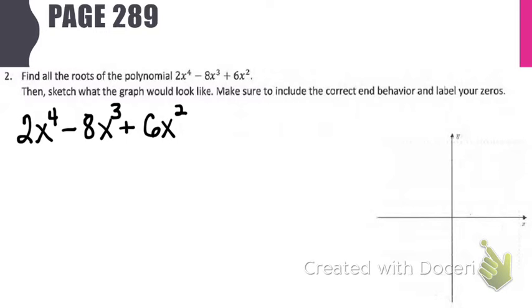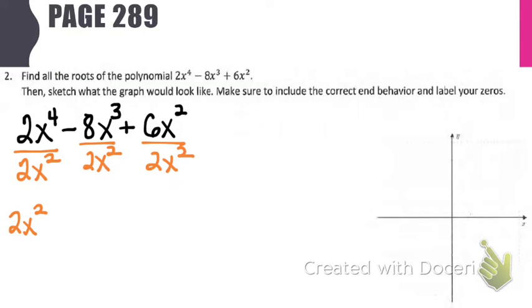We can go higher, 2x squared, because they all have an x squared. So we're going to actually take out 2x squared. And we're left with x squared minus 4x plus 3. Let's go ahead and factor that down.